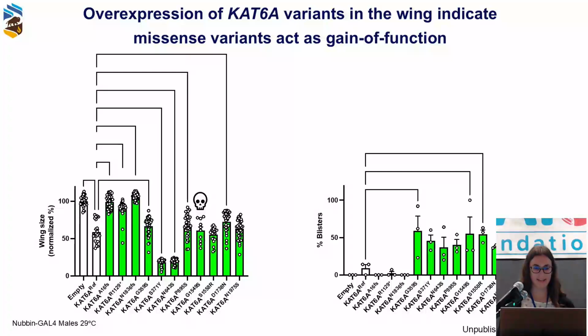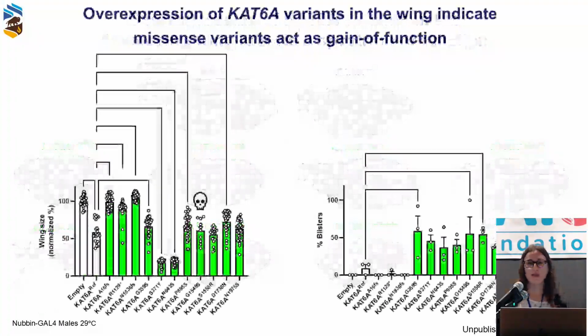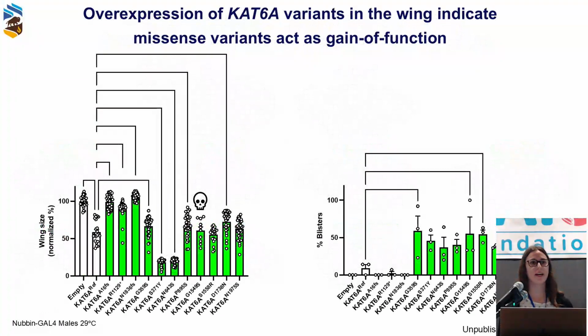And then here, I'll just go back to this slide briefly. So when we're quantifying wings, we look at different things. We look at the bristles, we look at the veins, and we look at is there a blister. And so this is an example of a blister here. And so we quantified this, and we found that roughly 17% of the wings had blisters when we overexpress KAT6A reference.